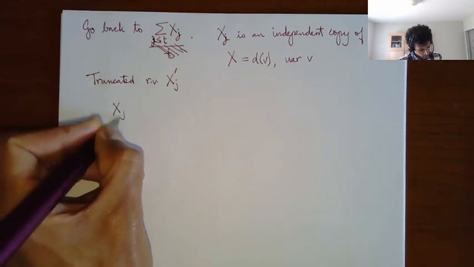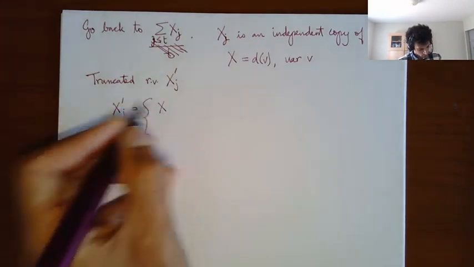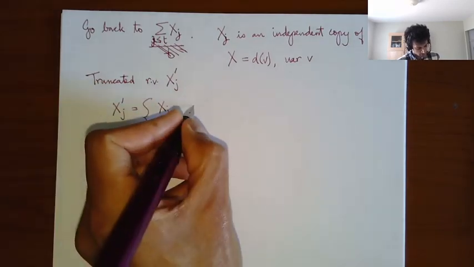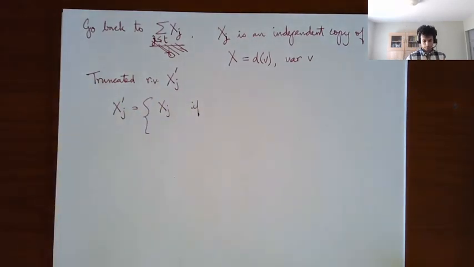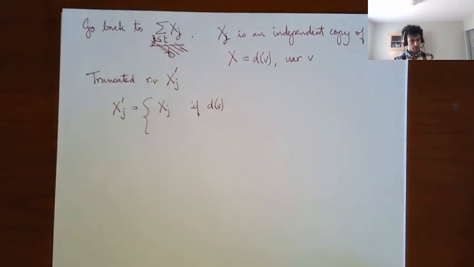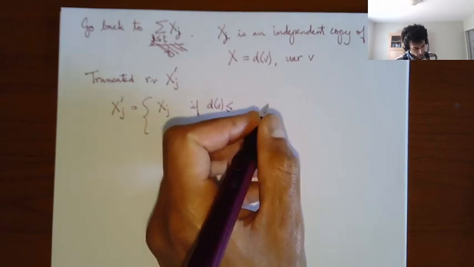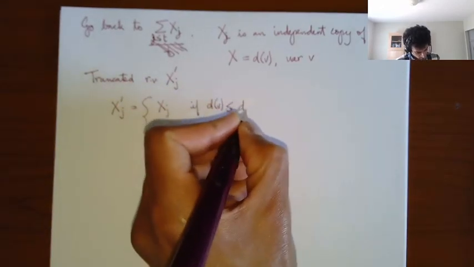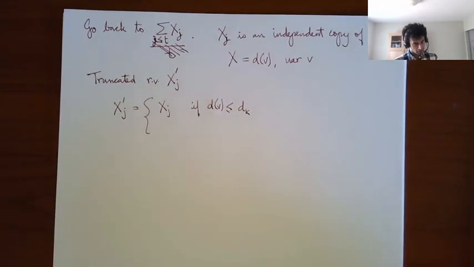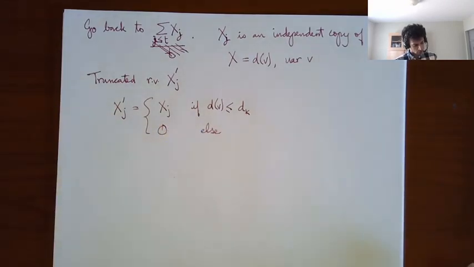So I'll say x_j prime is going to be equal to x_j if the degree of v, that is the vertex that I get, is less than or equal to the kth degree, and is going to be 0 otherwise.